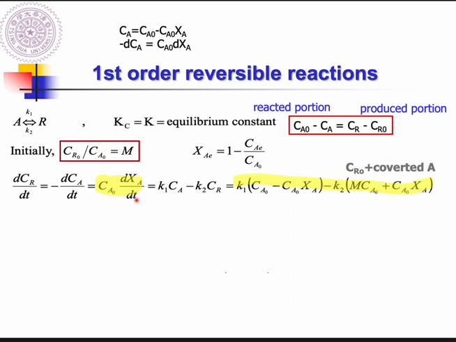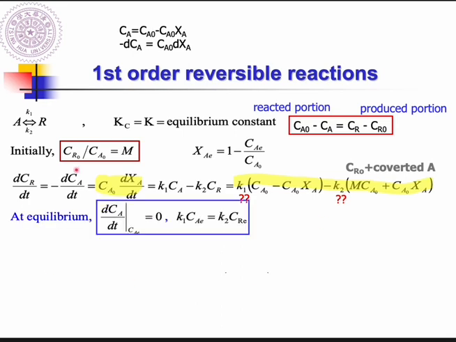Okay, it looks good, right? But if you look carefully, CA0 is the concentration of reactant A, which you all know. But there are two parameters you don't have any idea about, K1 and K2. In order to get the solution for these equations, we need to know K1 and K2. The other clue we know is that this is a reversible reaction.